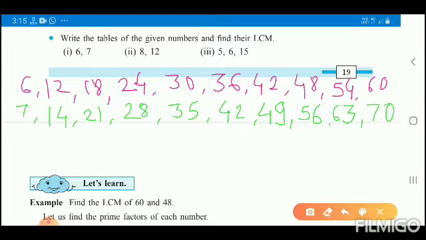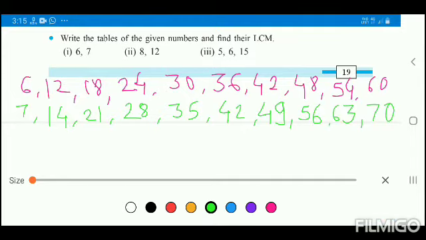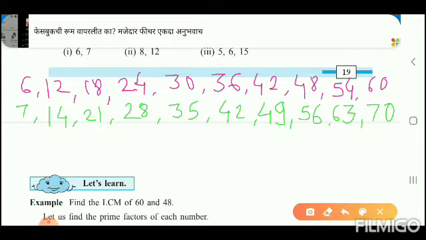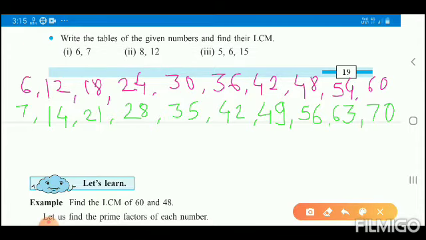So according to your question, we had seen the tables of 6 and 7. Now in those tables, you have to see which number is common. If you see, 42 is common in both the tables.